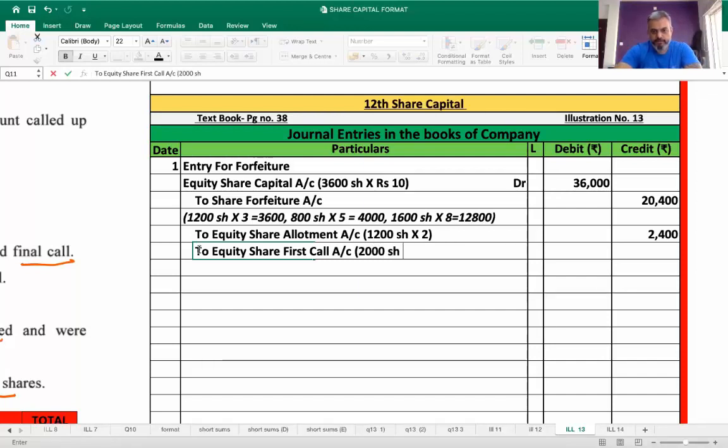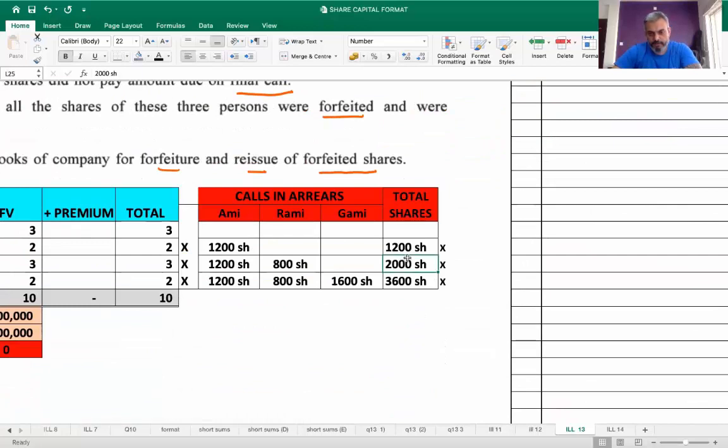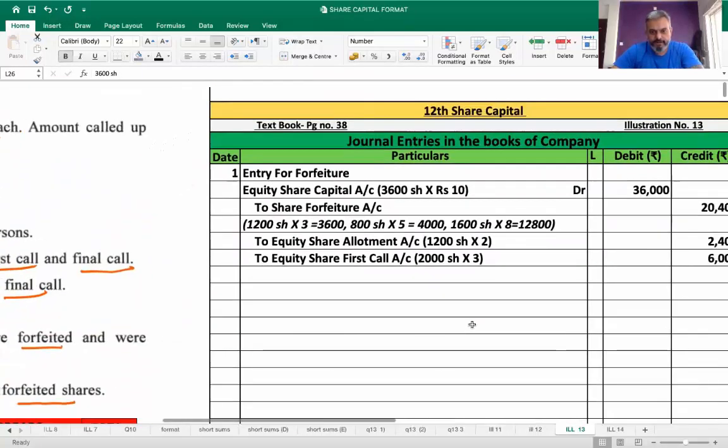So for 2000 shares, we did not receive the first call of rupees 3 per share. That comes to 6,000. You can see over here in the working for 2000 shares. And final call, we did not receive for 3600 shares.